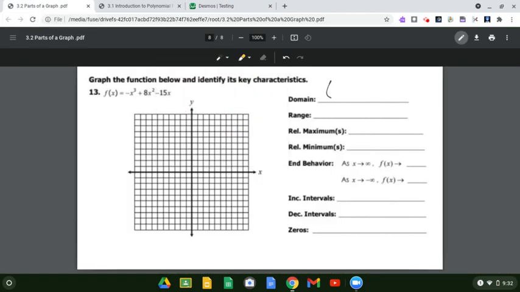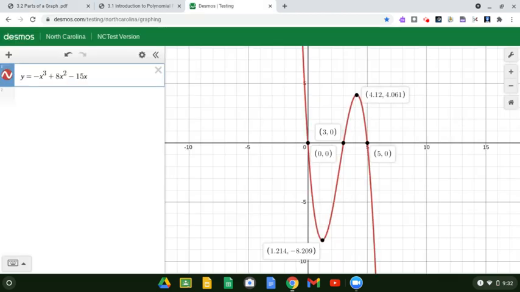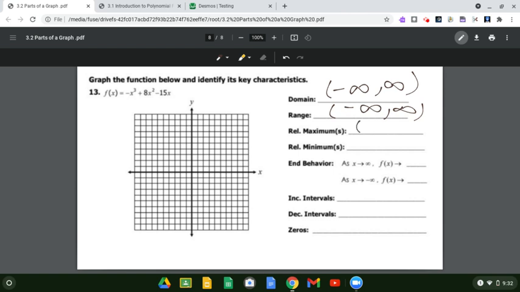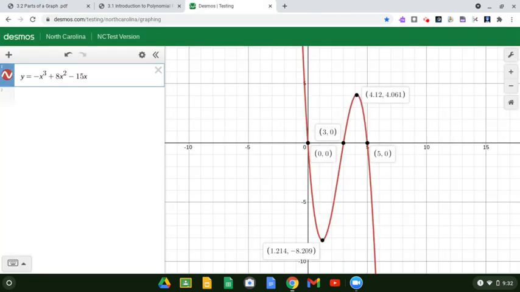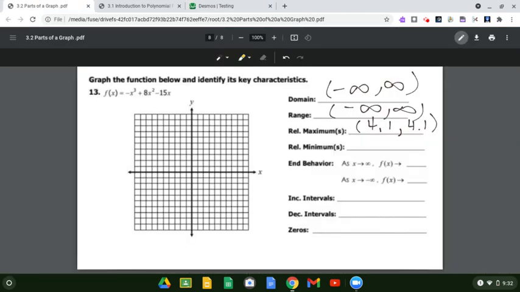Okay, domain, of course, all real numbers, no restrictions. Range, same thing. Let's go back, relative maximum, there's 1. I'm just going to round to the nearest tenth: (4.1, 4.1). And then relative minimum, (1.2, -8.2).